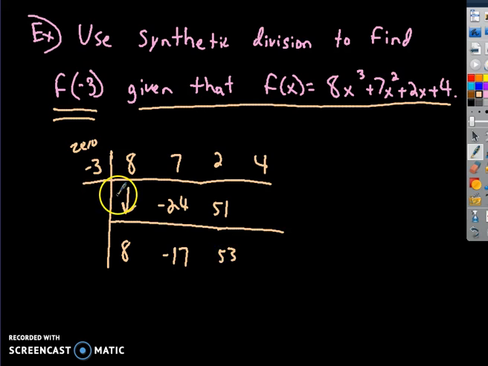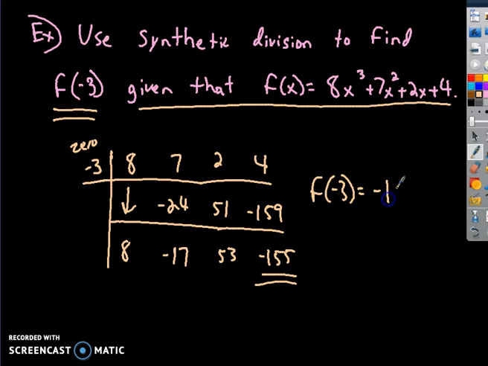And then negative 3 times 53, that's negative 159, plus 4. So this adds up to negative 155. So apparently, f of negative 3 is equal to negative 155.